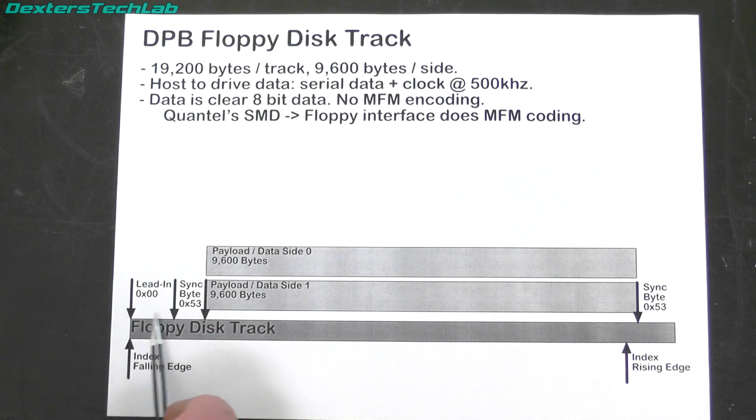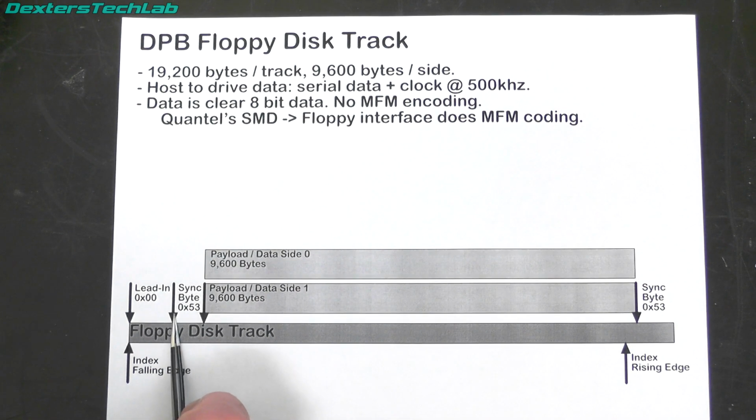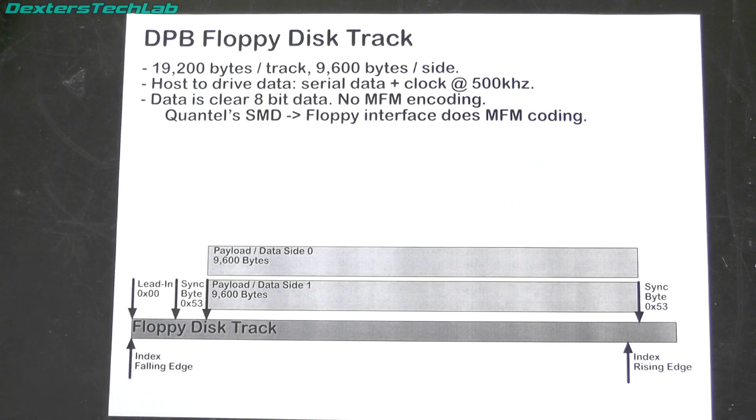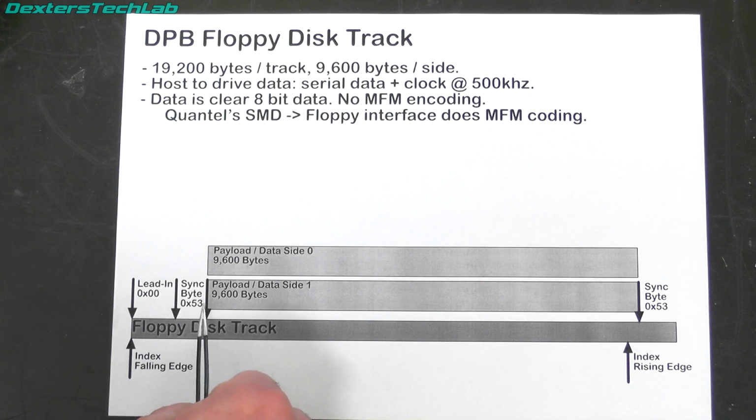So it generates a pattern to lead into the track, and then the next thing that happens is we have a sync byte. This is just one single byte of data, and it's 0x53. So this generates a particular bit pattern which is picked up by the disk buffer card. Once that happens, it then starts transferring the 9,600 bytes of data which is on the remainder of the track.